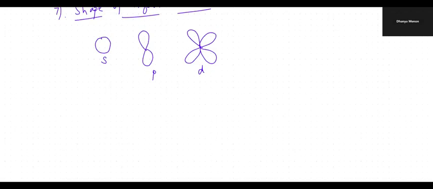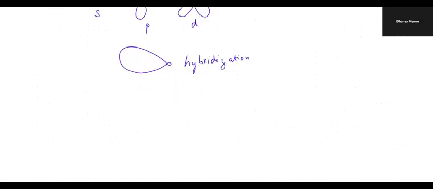Now, how do we know whether hybridization has taken place or not? If hybridization has taken place, it will be shown with a big lobe and a small lobe, like this. If you see a very big lobe and a very small lobe, it shows that hybridization has occurred. Sometimes they show it like this also.